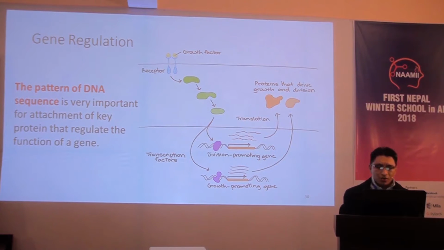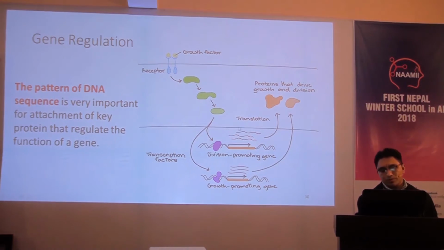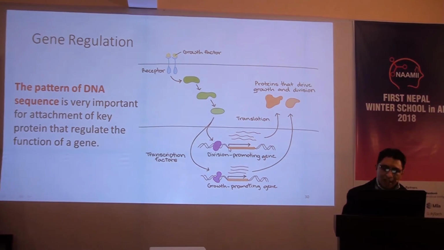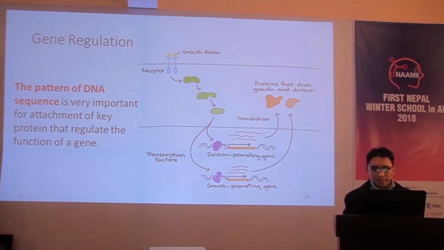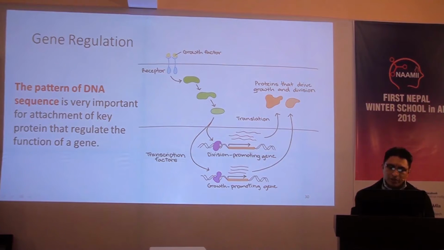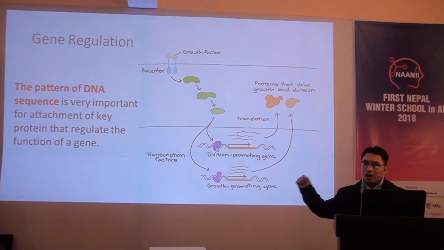So it's very essential to know which genes are turned on and which genes are turned off, depending on the context. If we focus on this region, this particular region is a gene, and there are certain other proteins which bind to the stretches of DNA, and this triggers an activation signal to turn on the gene.